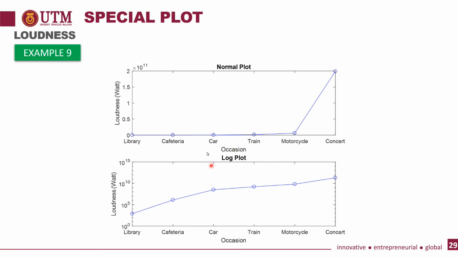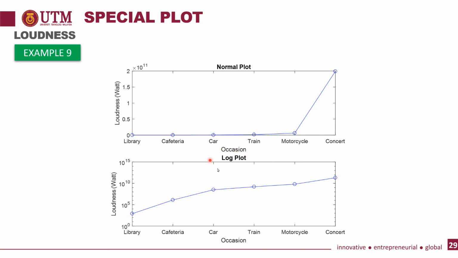So you can see here for normal plot, it will only initialize the variable of y-axis based on the highest power of 11. Therefore you cannot see much differences between library, cafeteria, car, train, motorcycle. It's just a slight difference, but actually the differences is huge.